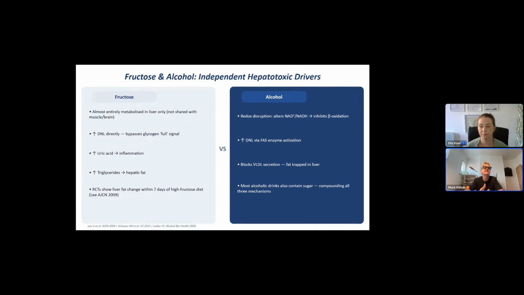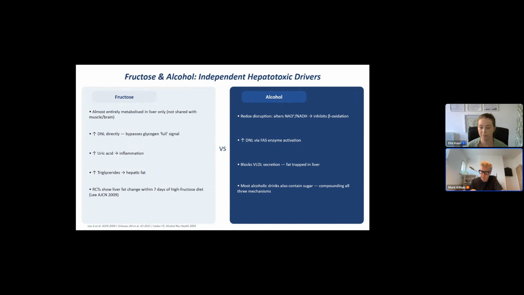There's a specific mechanism for that, which you can always go into, but uric acid is independently inflammatory. If you've ever known someone with uric acid crystals in their toe, you know what an inflammatory condition that is.